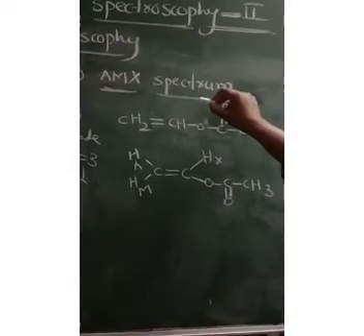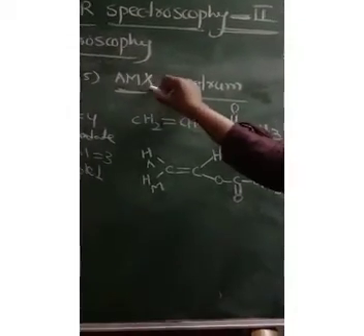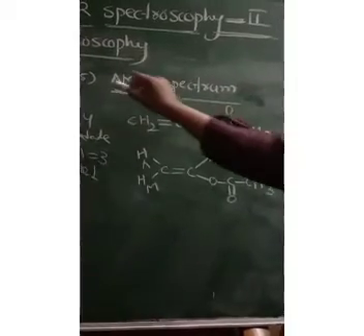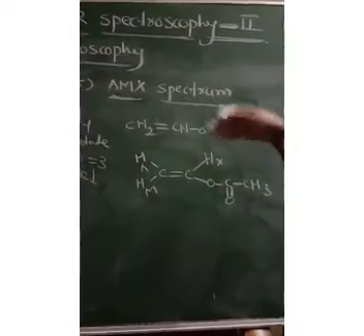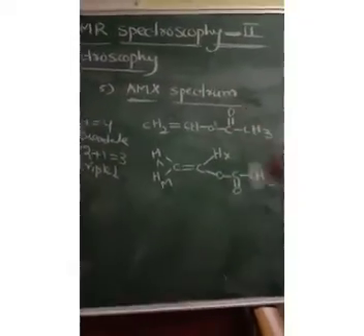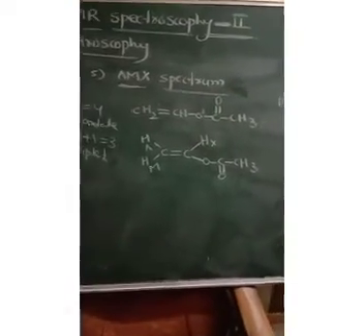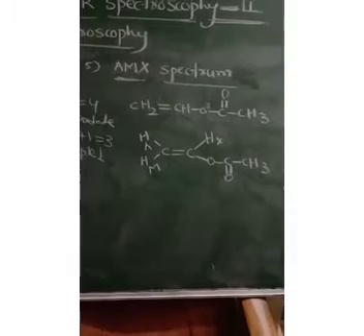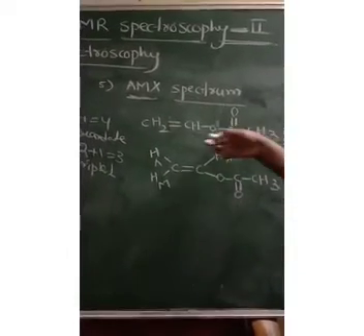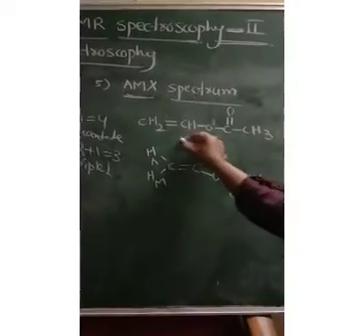The last example for the first order spectrum is the AMX type of spectrum. Here AMX means 3 different types of protons are present. Usually this AMX type of spectrum is given only by unsaturated compounds. That's why I have taken one example, vinyl acetate.